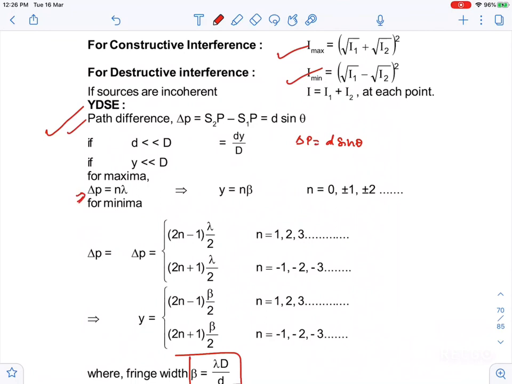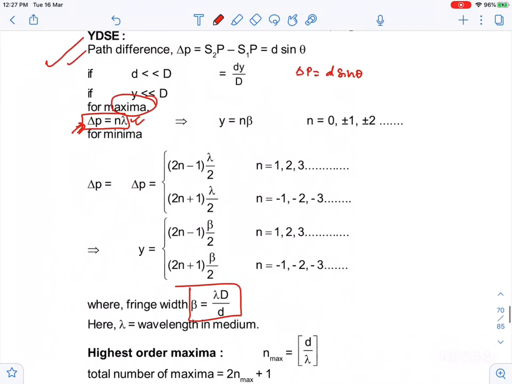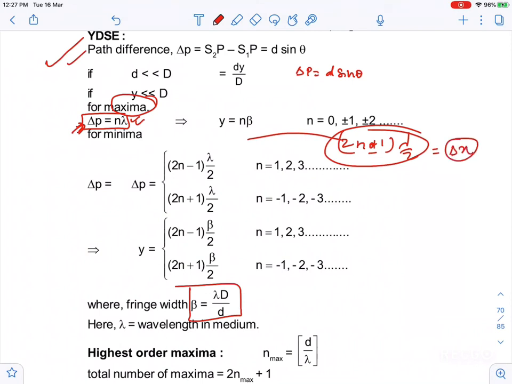In order to calculate the maxima, you have to equate this path difference with n lambda, and in case of minima you have to equate it with (2n plus or minus 1) lambda by 2.